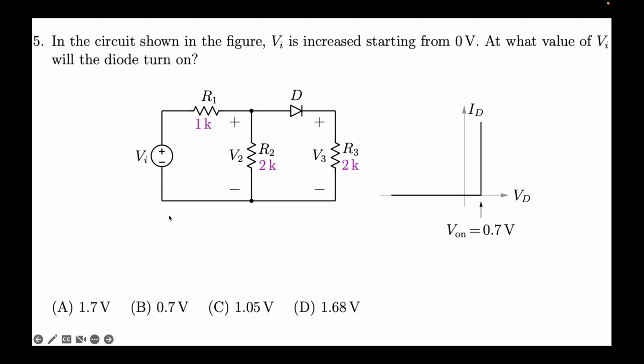Let me just get to this question. So this question talks about, in the circuit shown in the figure, vi is increased starting from 0 volts. At what value of vi will the diode turn on? Let's say you are not able to understand the phrase vi is increased starting from 0 volts, that is, what is the relevance of this phrase? What do we mean by this phrase? That can be addressed either by email or in the class itself.